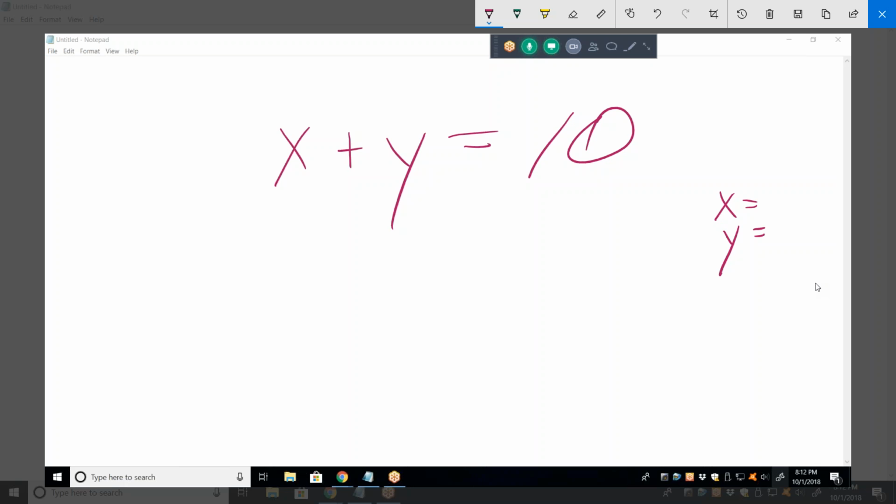Oh, well, 5 and like 5. Okay, that works. Give me another one. 7 to 3. Give me another one. 6 to 4. Give me one using negative numbers. Negative 10 plus 20.